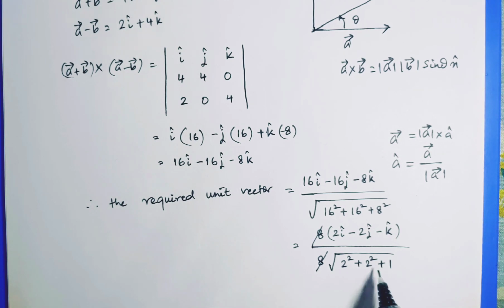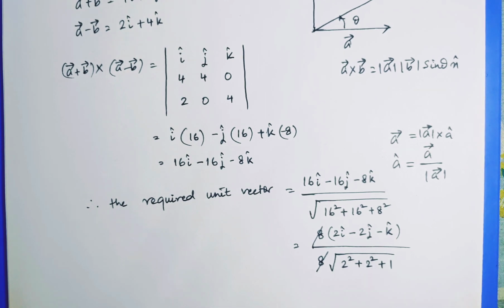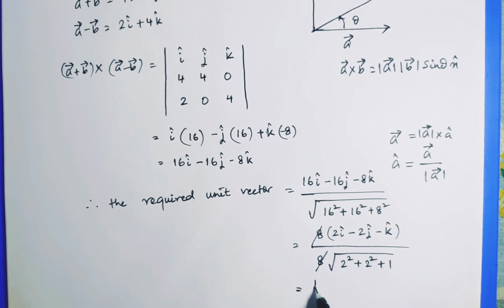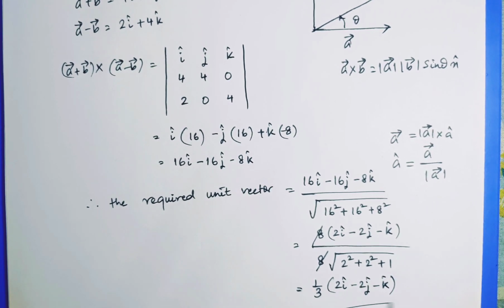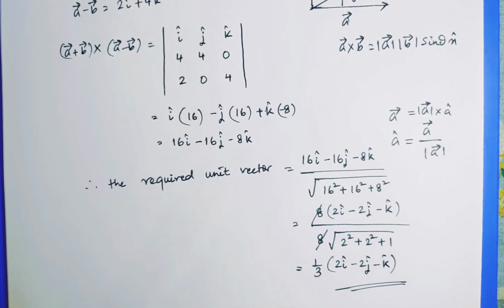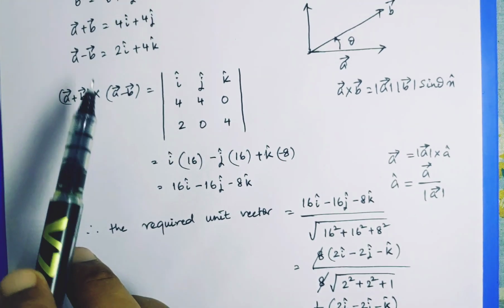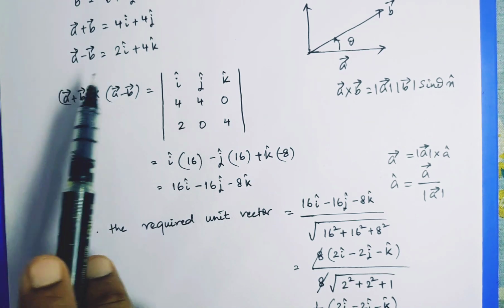So 4 plus 4 plus 1 is what? 9. And square root of 9 is 3. So it is 1 by 3 times 2i cap minus 2j cap minus k cap. This is the unit vector which is perpendicular to a plus b and a minus b.